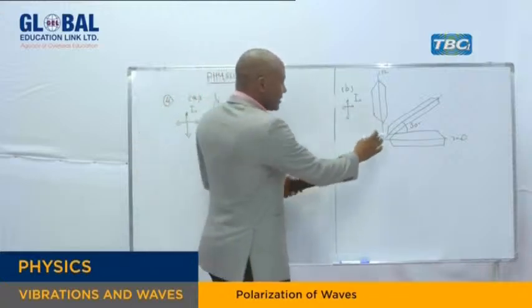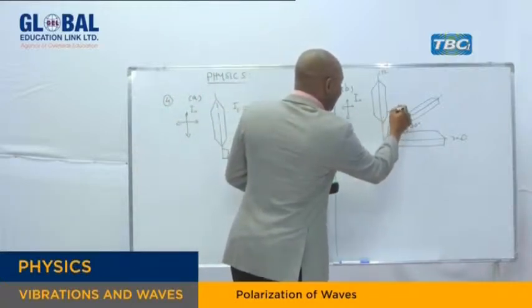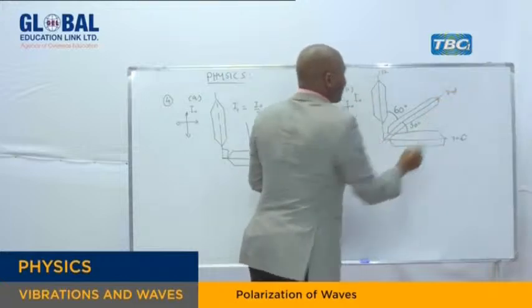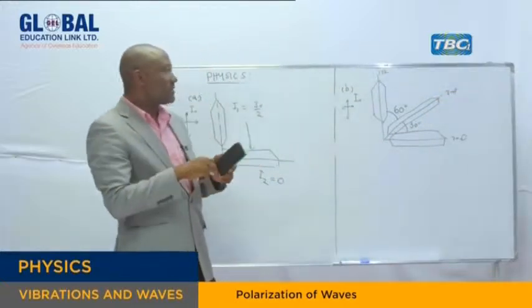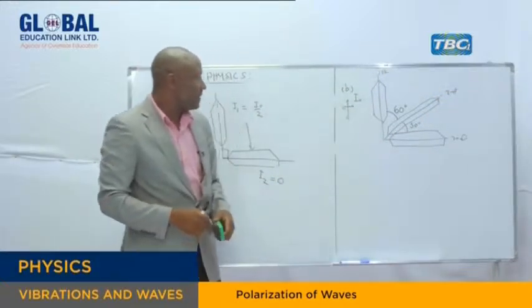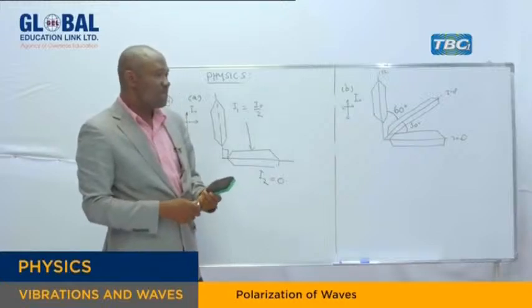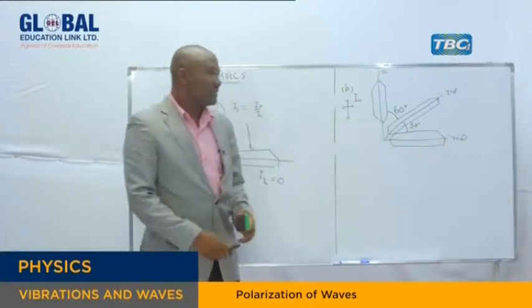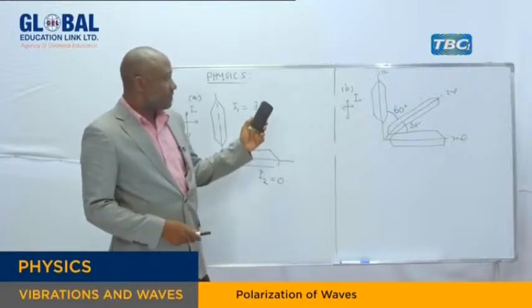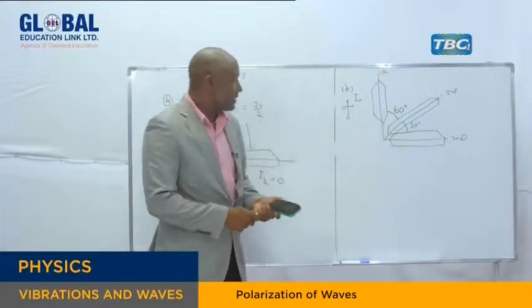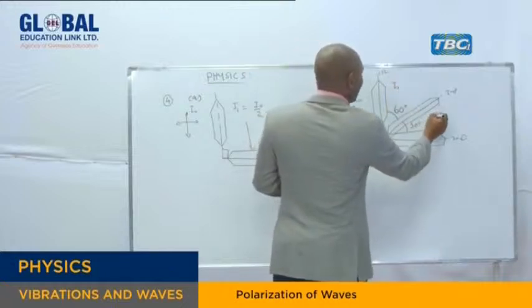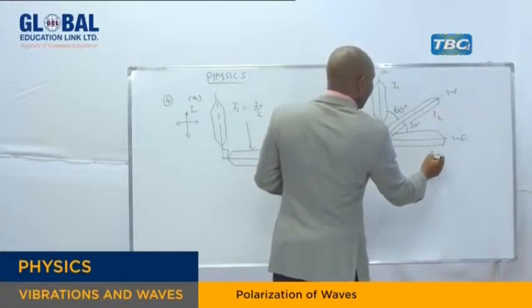Then, since this is 90, the angle between the first and the third, the one introduced in between, is 60. So you're looking for the fraction of the transmitted light through the last one here. So let's take, this is I1, this is I2, this is I3.